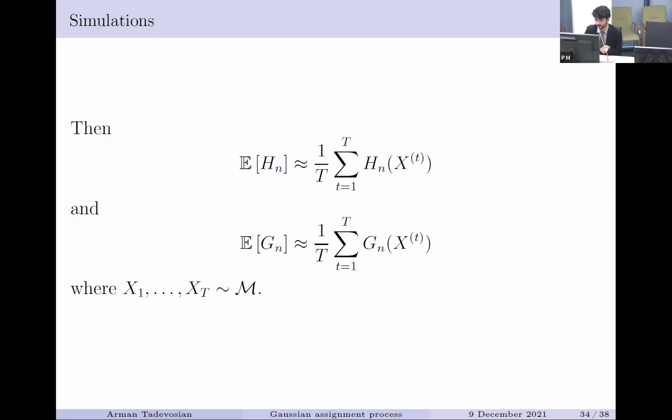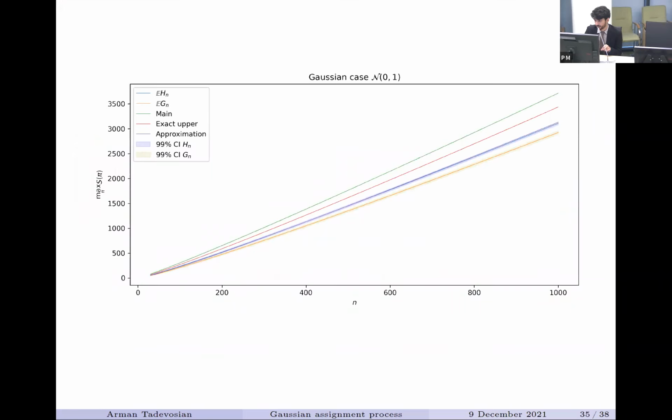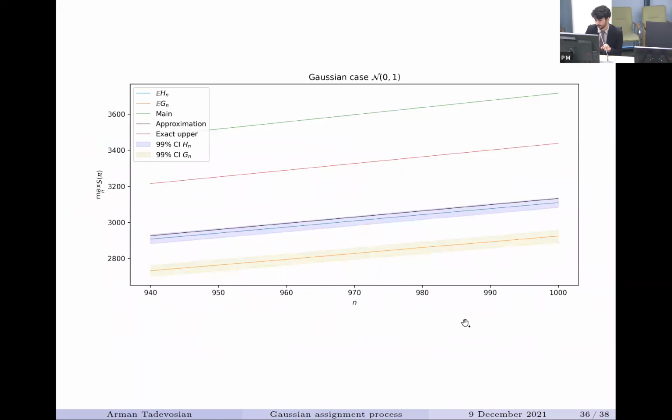Then we can get estimates of the expectation by averaging the values computed on the samples, and we can plot them. We get several lines. I will zoom it up for simplicity. Here we see the following lines.